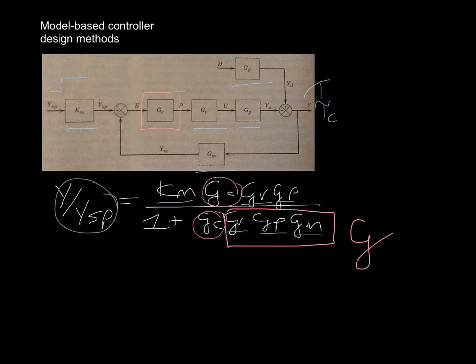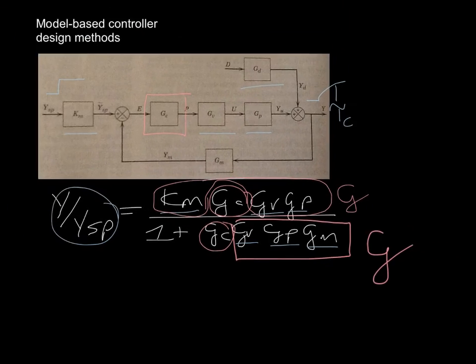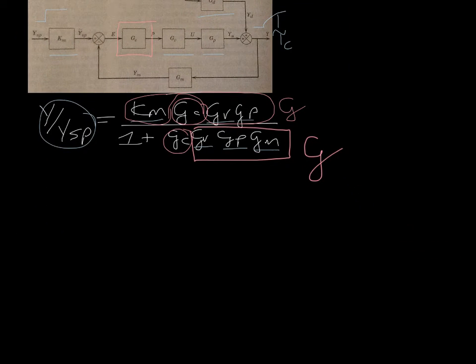And similarly, we will take this Km along with GV there, and we will also pretend that that is also equal to G. Now in the book, that effectively means that we have to assume that Km is equal to Gm.